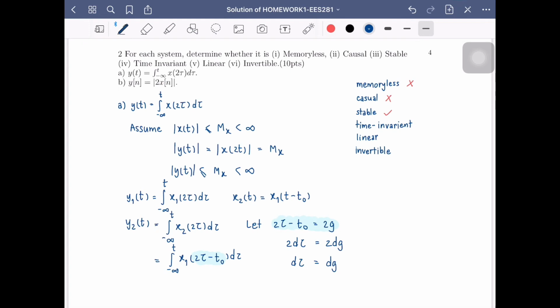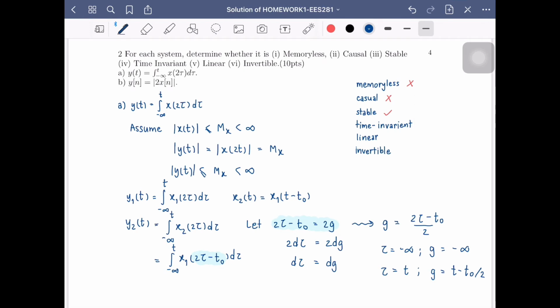Then we can know that g is equal to (2 tau minus t0) over 2. When tau is equal to minus infinity, g is equal to minus infinity. And when tau is equal to t, g is equal to (t minus t0) over 2.